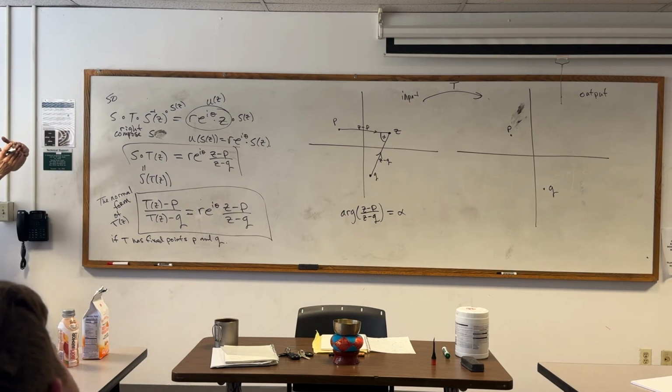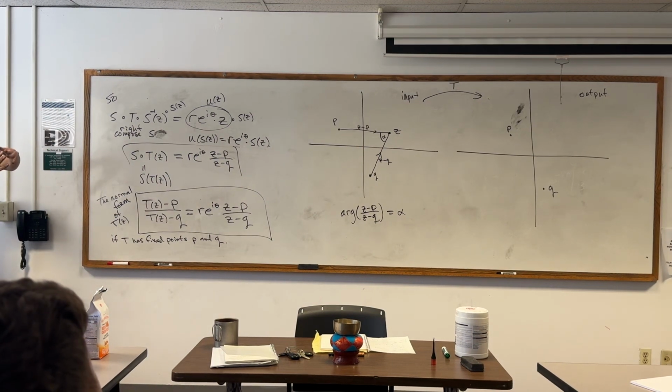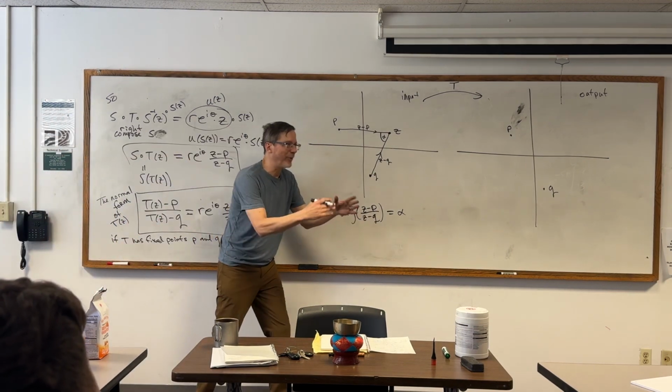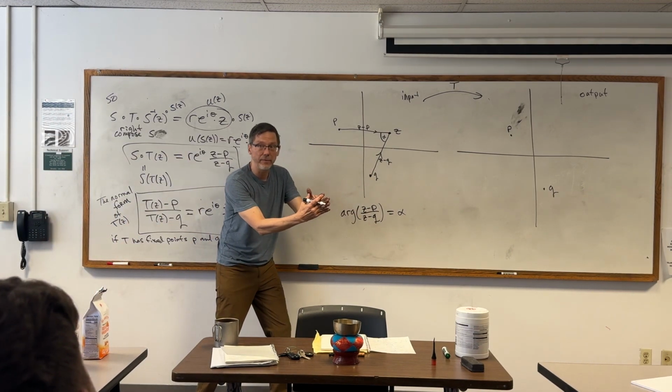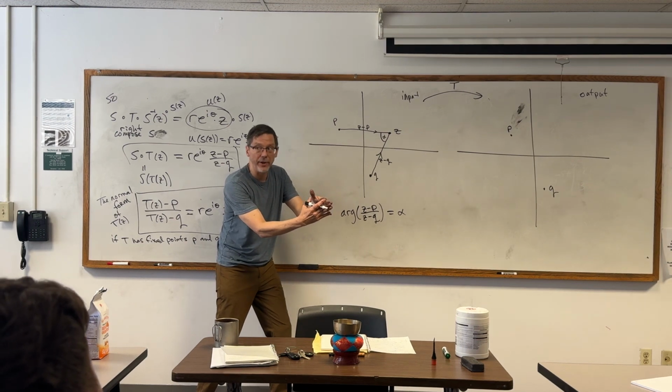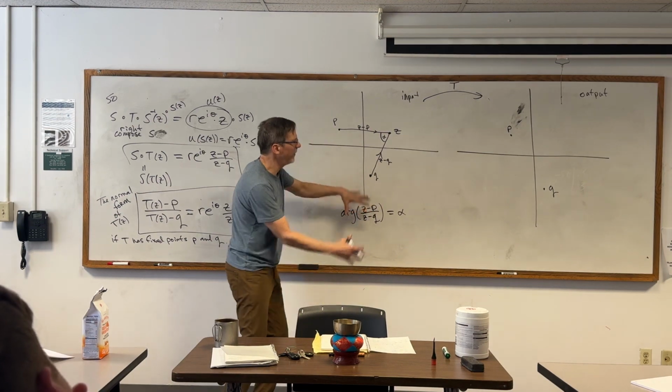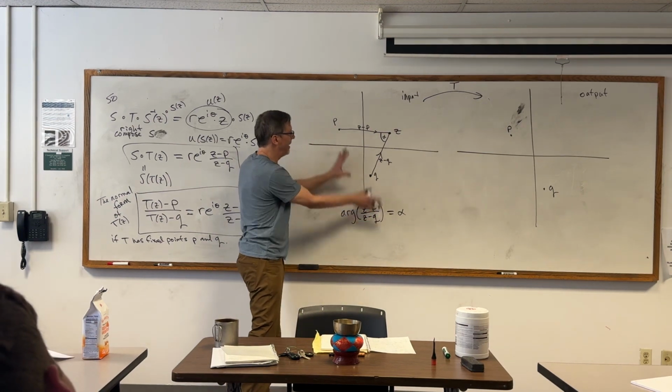It's the angle between those two things. Remember how division of complex numbers, you subtract the arguments? So when you divide two complex numbers, you're subtracting the arguments, the angles that they create.